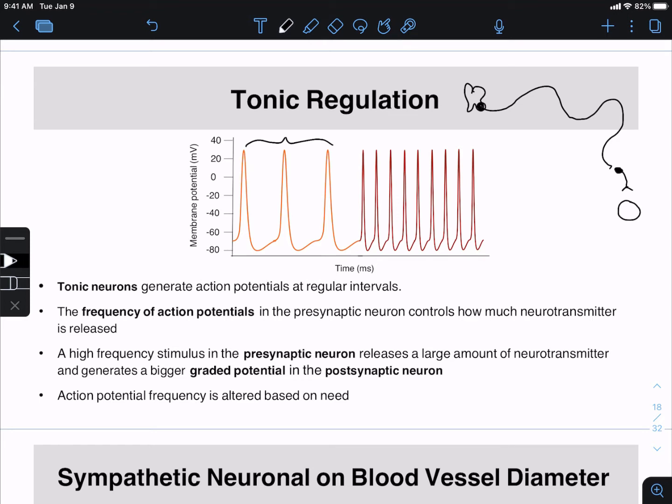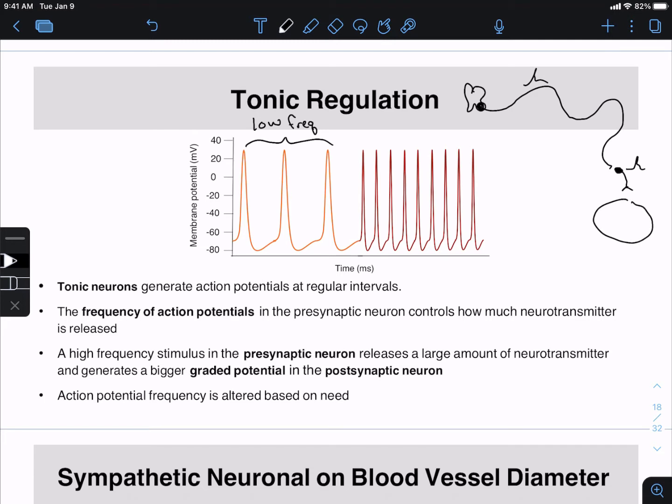If the neuronal activity on the postganglionic neuron looks something like this, at a lower frequency, what we're going to get is bronchodilation.